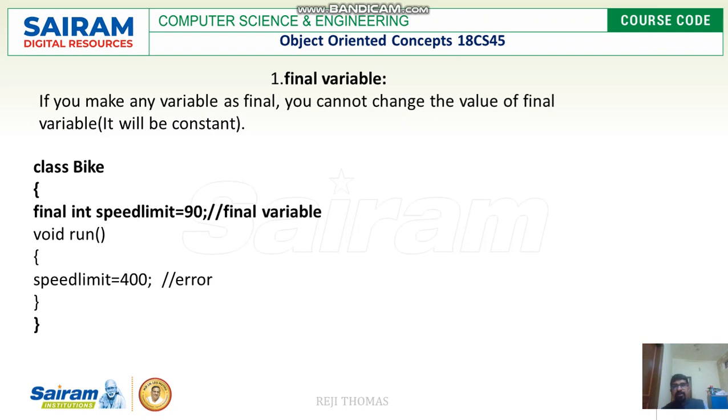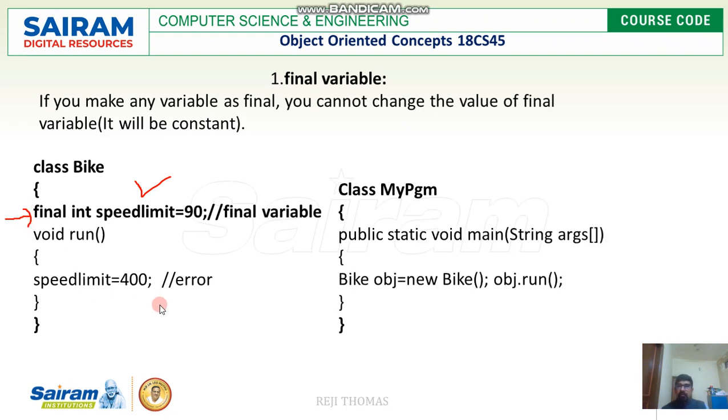Here you can find a class called bike, and we have taken a variable called speed limit, and the speed limit we initialized with a value, and we made it final. And please remember there is a method run, and we are not worried about this method right now.